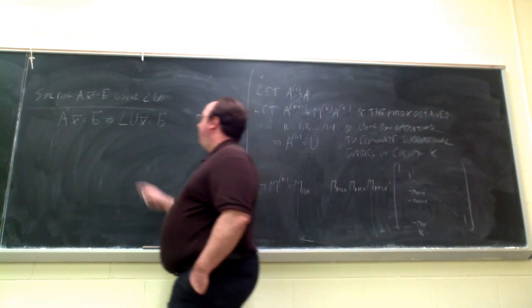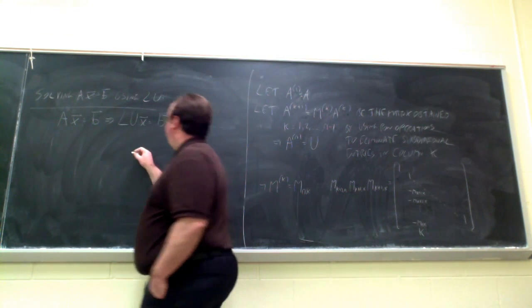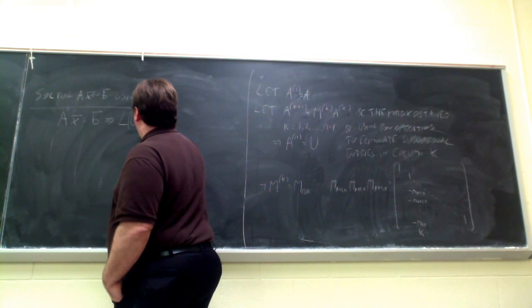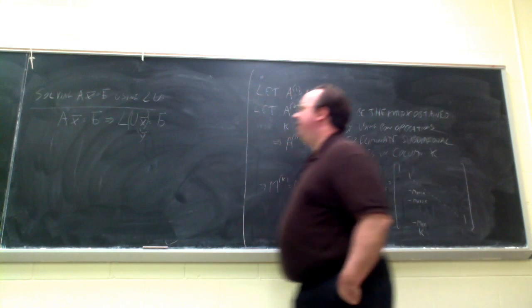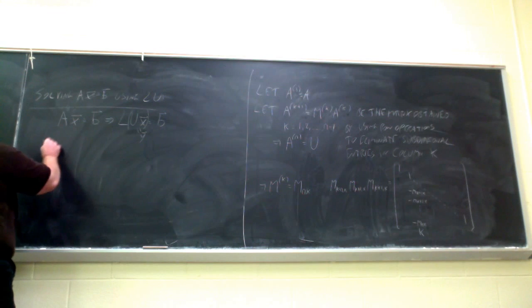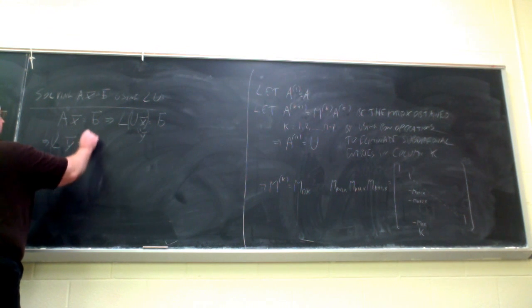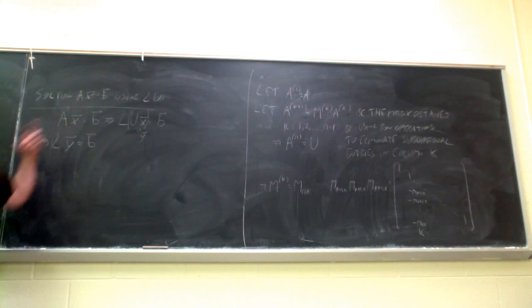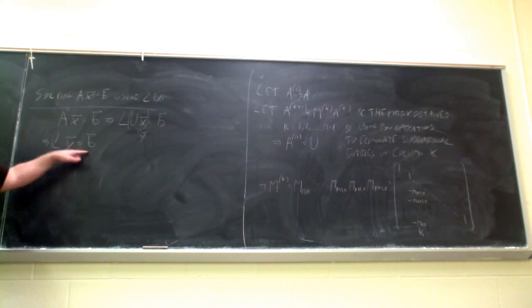I'm going to take this vector U times X, which at this point is unknown because X we don't know, and I'm going to call that Y. So now we have L times Y must be equal to B. Well, after we get the LU decomposition or factorization, we have all the information we need. We just need to solve for Y. Now, instead of solving AX equals B, we're solving this system, LY equals B.